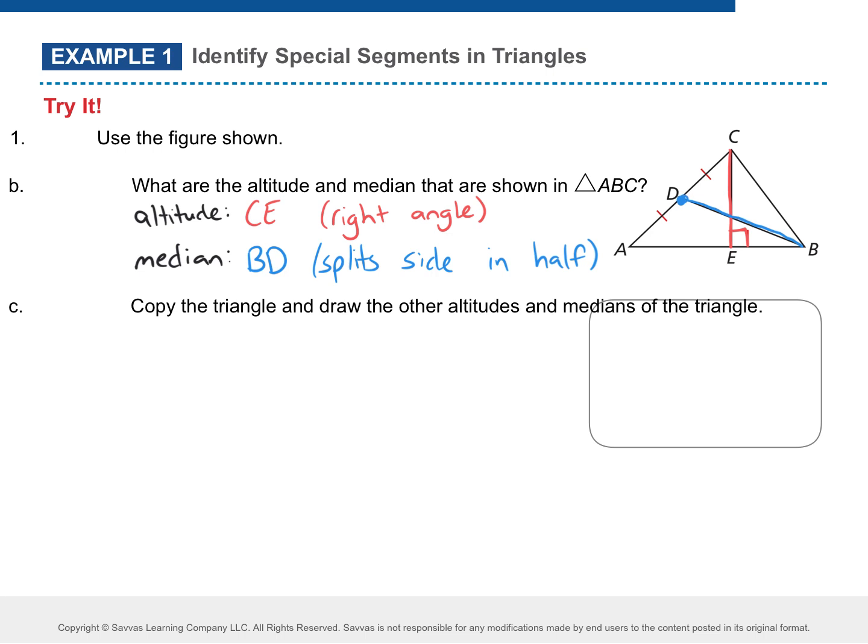Good. I want you to copy the outside of that triangle on part B. So just draw the outside. So you have triangle A, B, C here. I'm going to draw a new altitude and a new median, and I want you to label them for me.